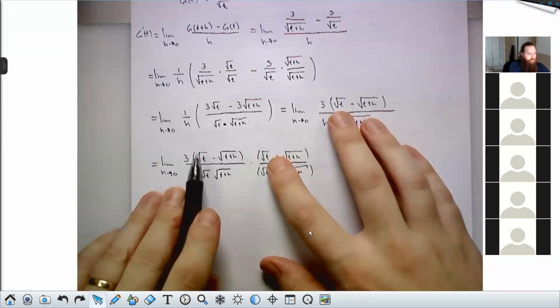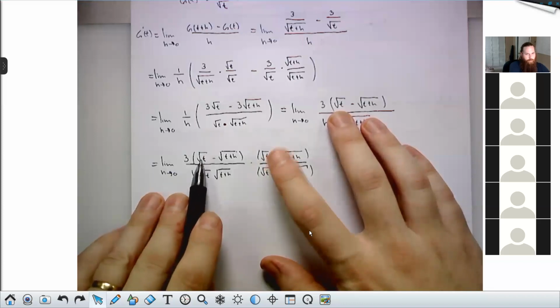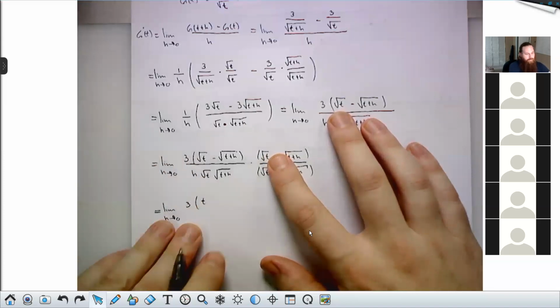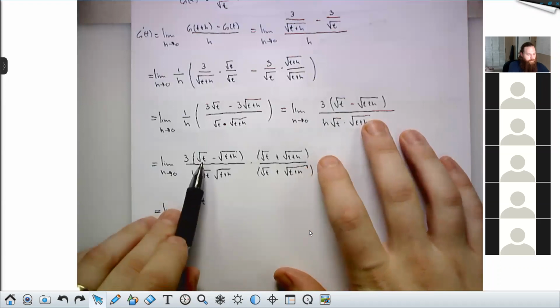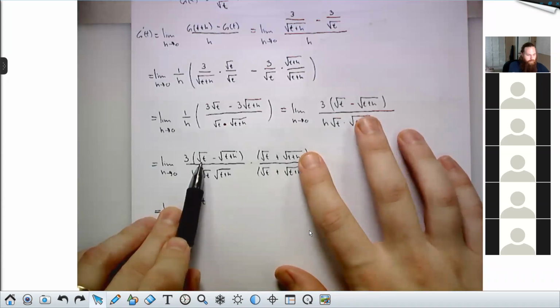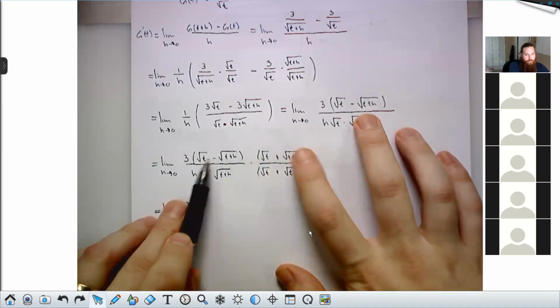My firsts are the square root of t times the square root of t. That's the square root of t squared, that's just t. My outers are square root of t times square root of t plus h. And my inners are square root of t times negative square root of t plus h. These cancel.